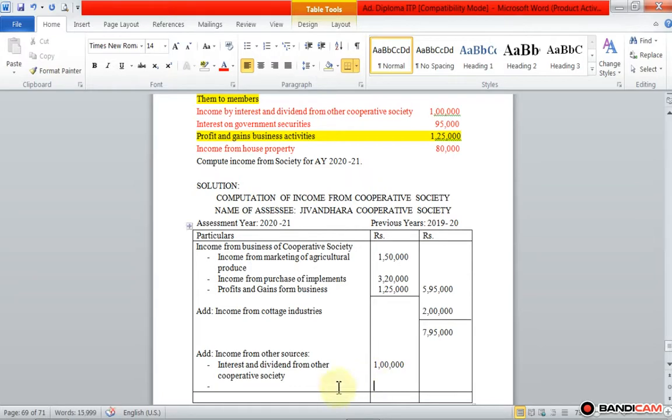Then interest on government securities, 95,000.